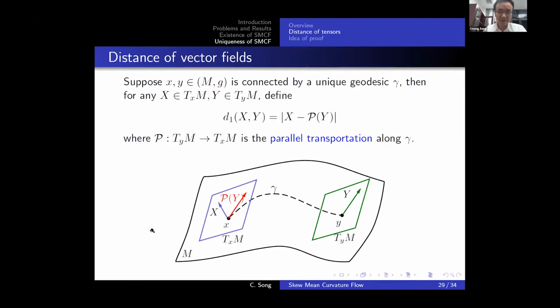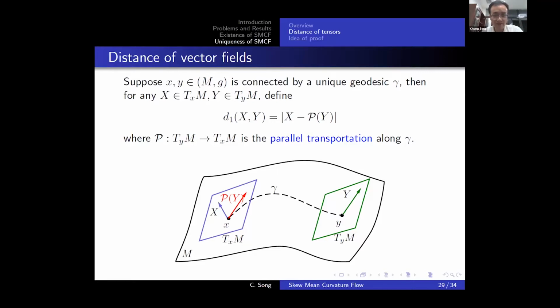So let's first recall how we can compute the difference of two vectors on a given manifold. Suppose we have two vectors. One is the vector X, another is capital Y, which is a vector on Y. One way to define the distance or difference of X and Y is to embed this manifold into a larger Euclidean space.